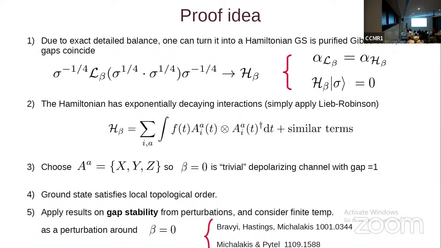So by making use of these very strong results, we are able to perturb these Hamiltonians in terms of the temperature and get some finite range for which the gap is still of constant order. So that's essentially how our proof works.